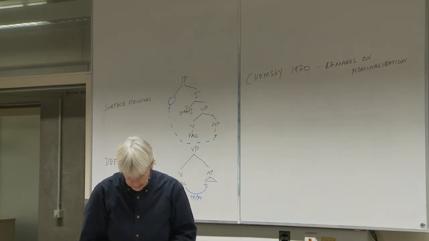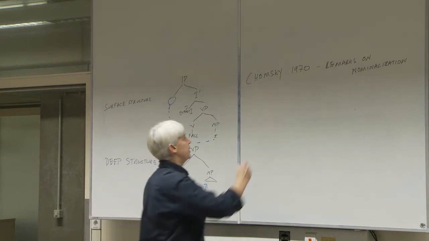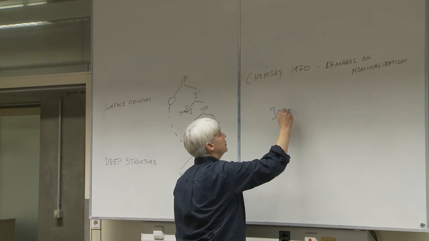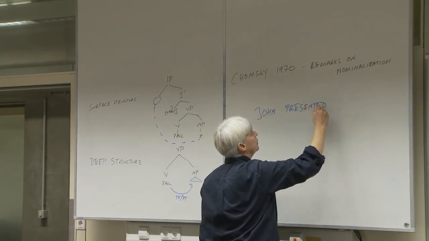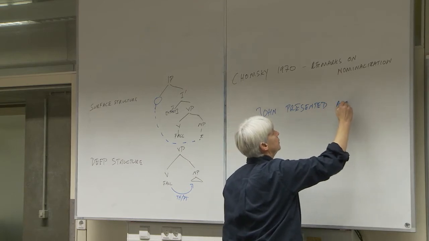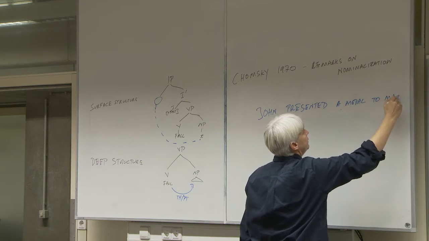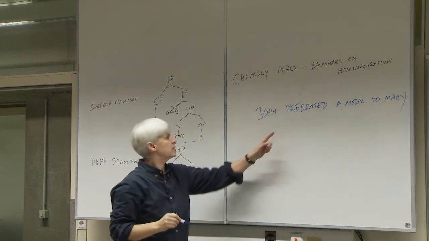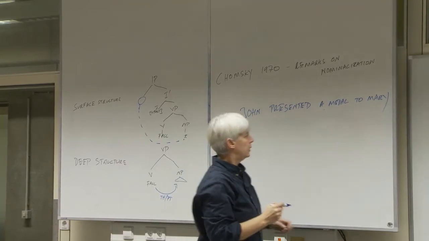So what he noticed is nominalization. You have things like John presented a medal to Mary. Fine, right? You have a verb, it has three arguments: John, subject, object, and oblique.